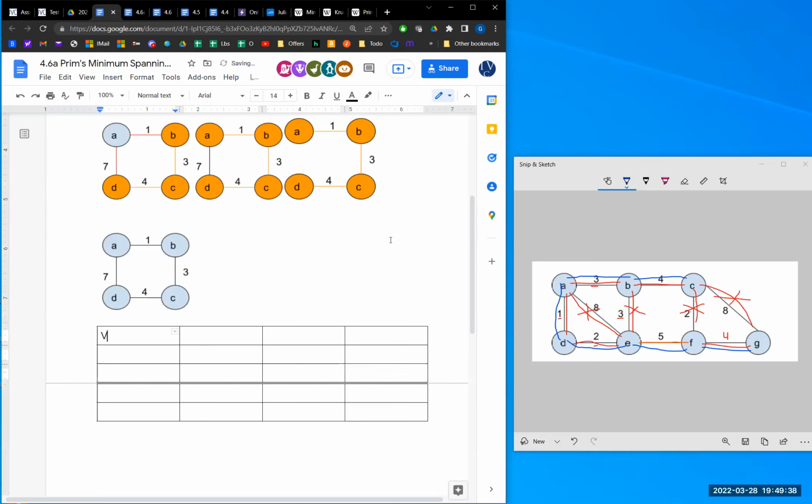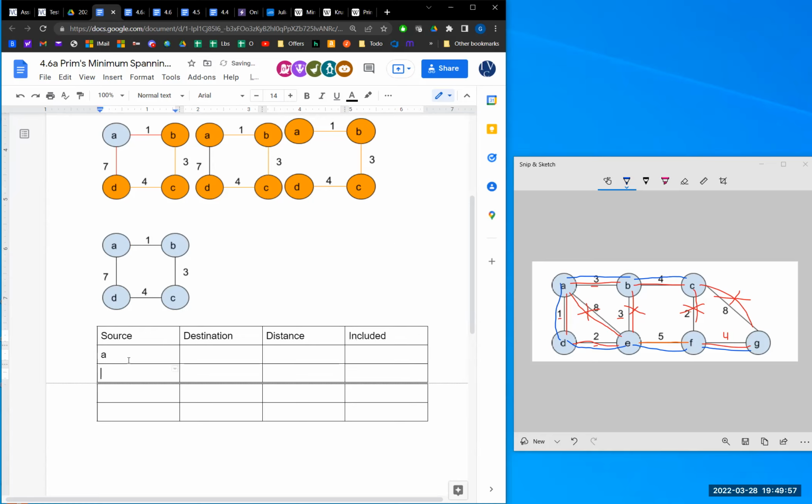So we've got our vertex, distance, including the tree.